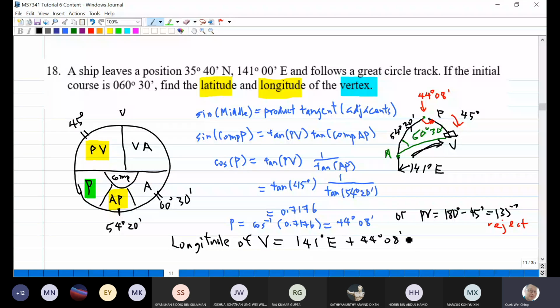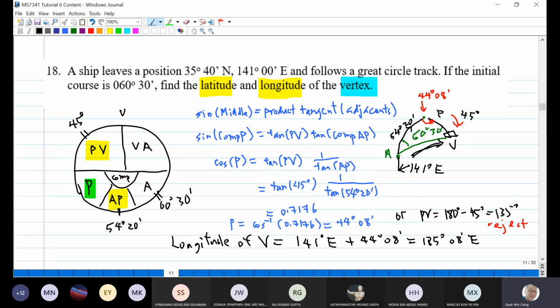So you get 185 degrees 8 minutes east here. Add together, you get 185 degrees east.